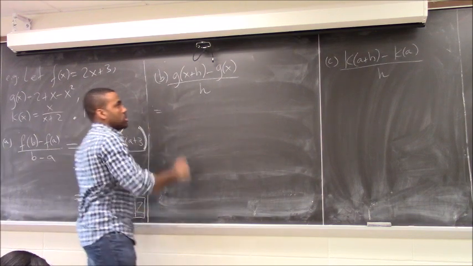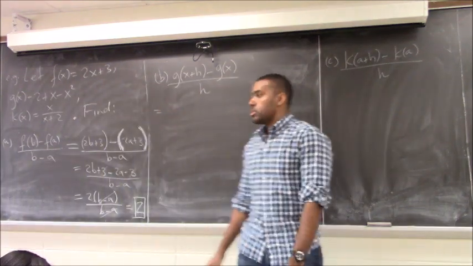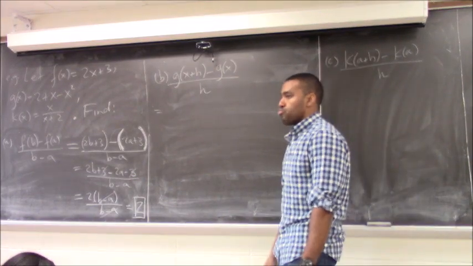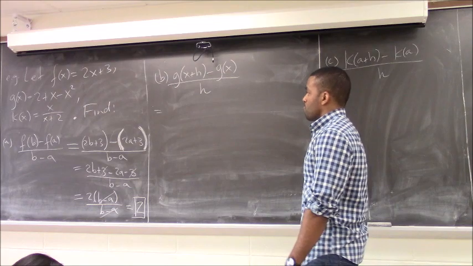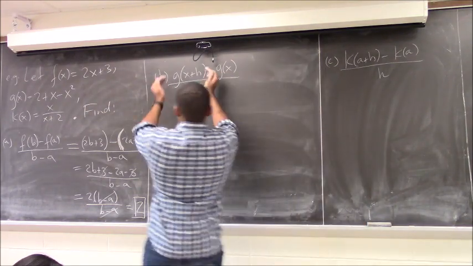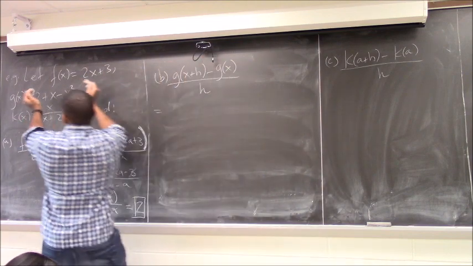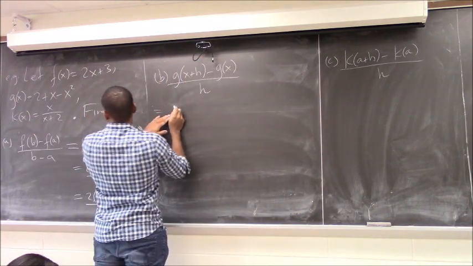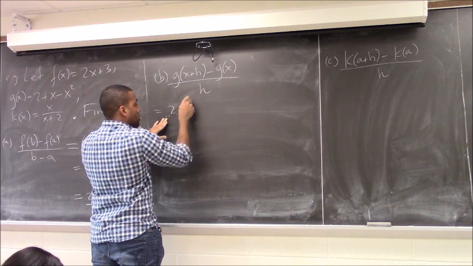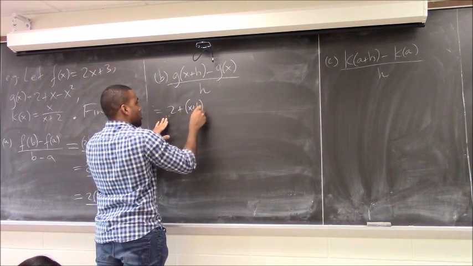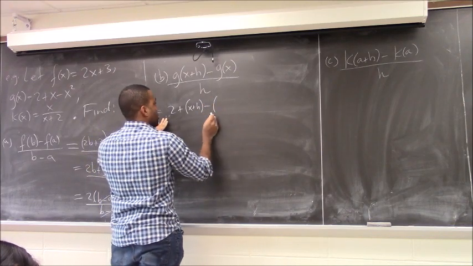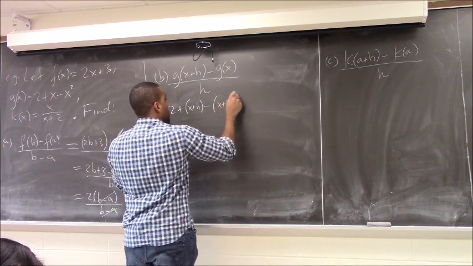What about this one? Do you replace the x plus h within the g? Mm-hmm. And what would that look like? 2 plus x plus h minus parentheses x plus h squared.